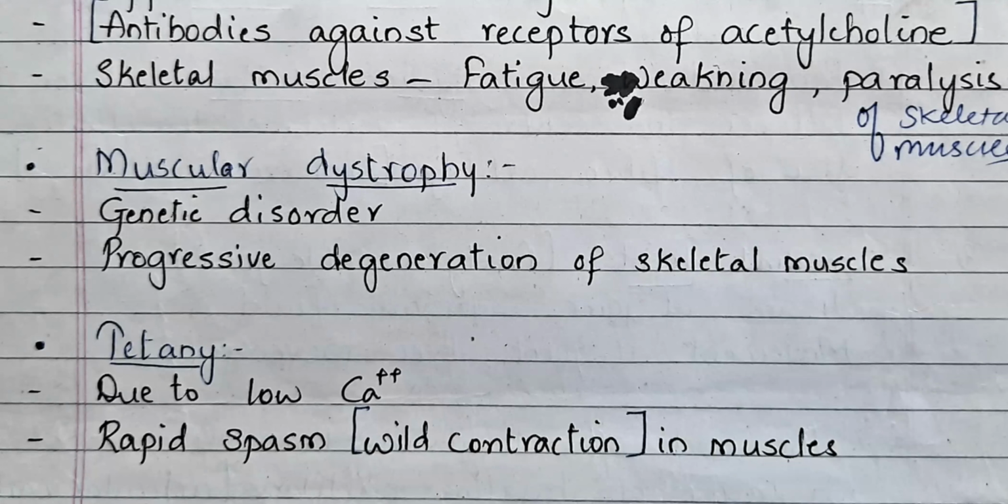Body में जब hypocalcemia होता है, whatsoever reasons may be, somehow when your body suffers from the shortage of calcium ion, you experience that your muscles are wildly contracting. This rapid spasm condition due to the hypocalcemia, it is called tetany. कैल्शियम इंजेक्शन देने से, सप्लीमेंटेशन से नॉर्मलाइजेशन हो सकता है.